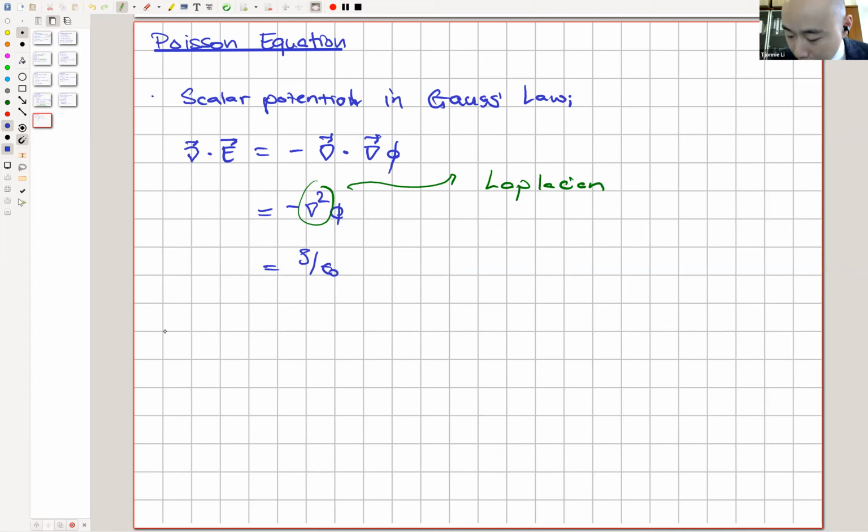And indeed, if I combine the last two lines, I end up with the following equation. The Laplacian of phi equals minus rho over epsilon naught. I need to double check whether the minus sign is correct, but I can do that later. Okay, and this is indeed the so-called Poisson equation.